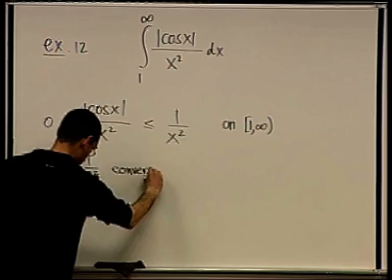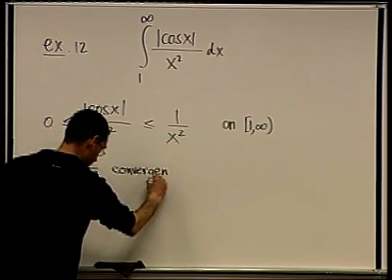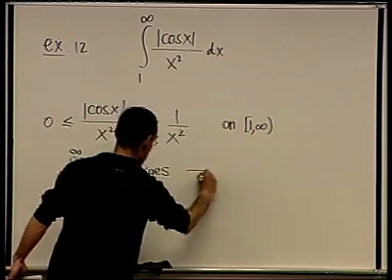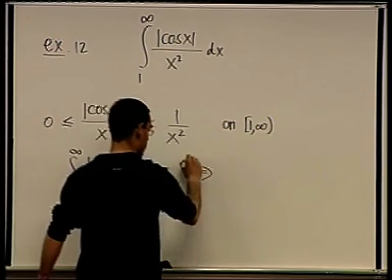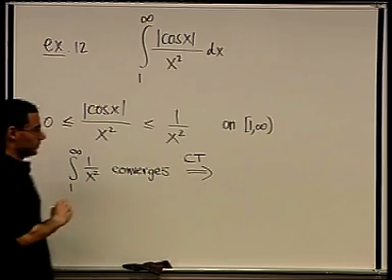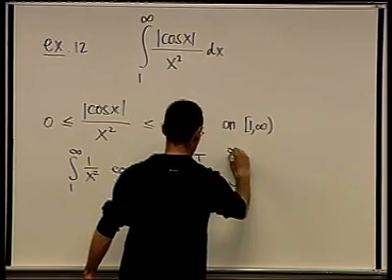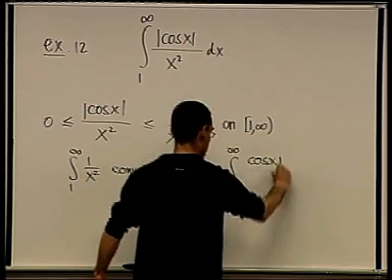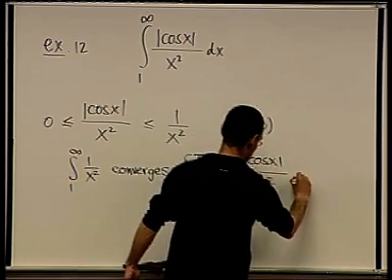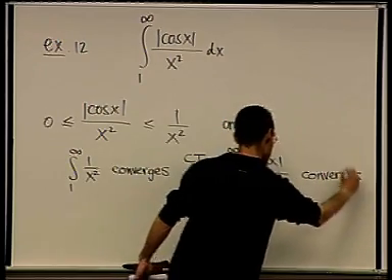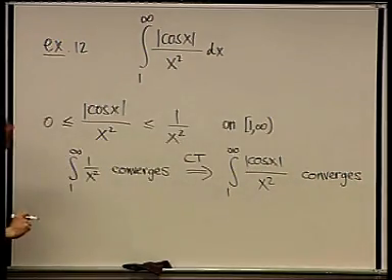That's our theorem with the alphas. Therefore, by the comparison test, the integral from 1 to infinity of the absolute value of cosine x over x squared converges as well. Do you agree to this?